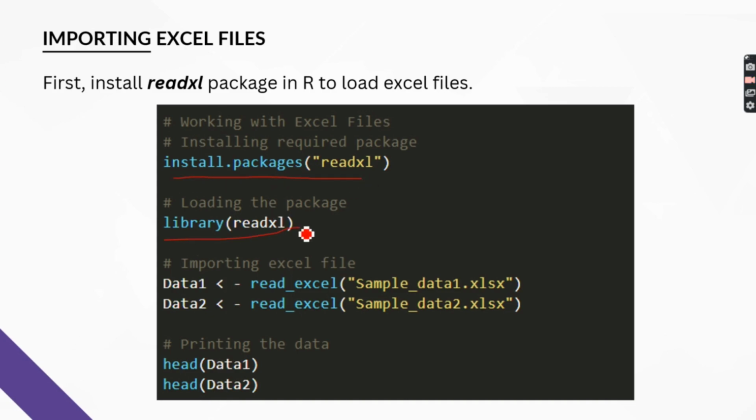Load the package using library(readxl) and import the files into variables data1 and data2. And what are these? These are again data frames. We are importing the Excel files as data frames, data1 and data2. And to print the data, we are going to use head. We are going to use head to print the very first few lines of the data. So read_excel is the function and readxl is the package that we are going to use.